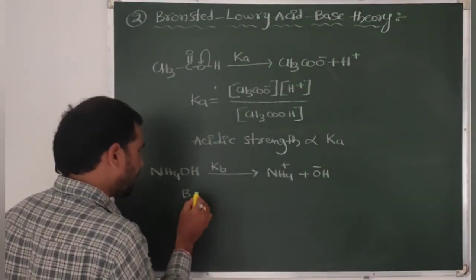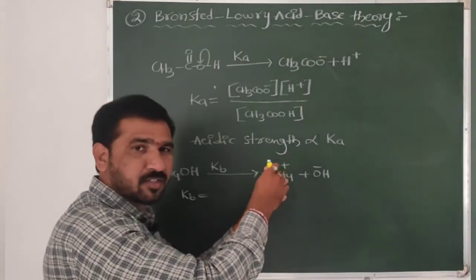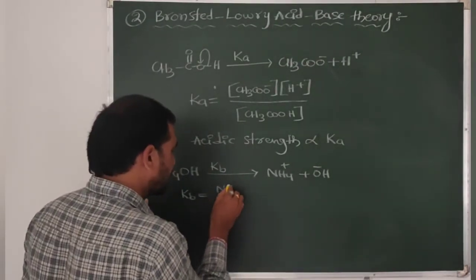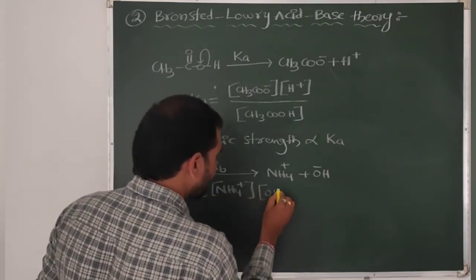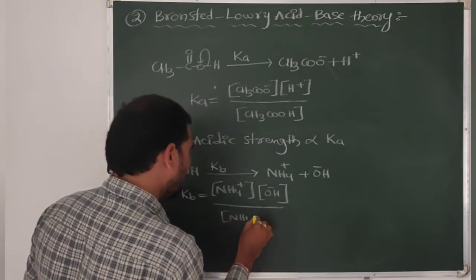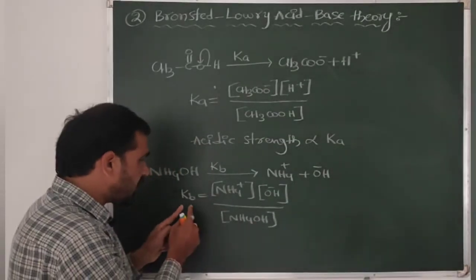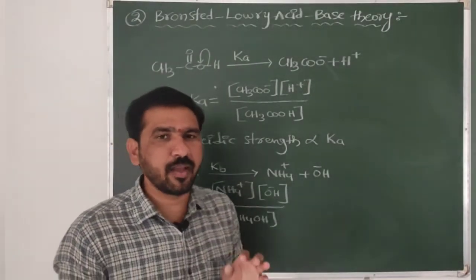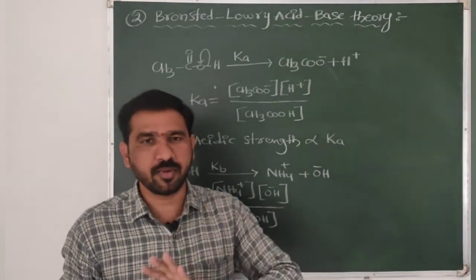Therefore, this Kb is equal to the product of concentration of products divided by the product of concentration of reactant. Therefore, concentration of products means NH4 plus into OH minus concentration divided by concentration of ammonium hydroxide. Is it clear? By this what do we know, beta, here? Kb is directly proportional to OH minus ion. The base which readily donates OH minus is a strong base, otherwise weak base.